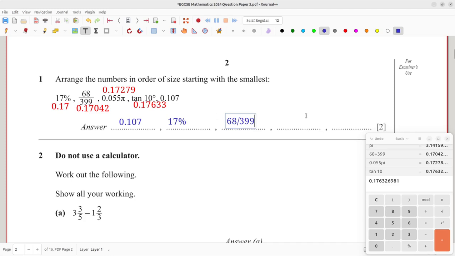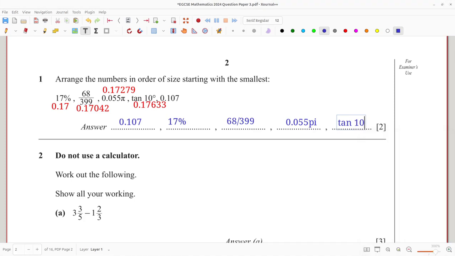It's obviously the 0.055 pi. The last number should be your tan 10 degrees. Nice, then you get your 2 marks on that one.